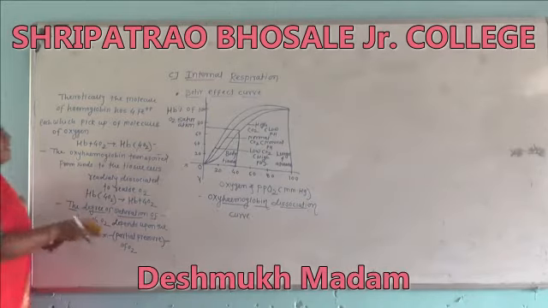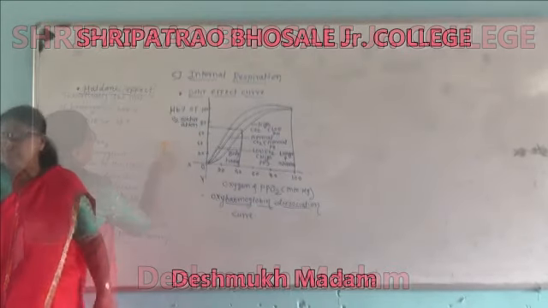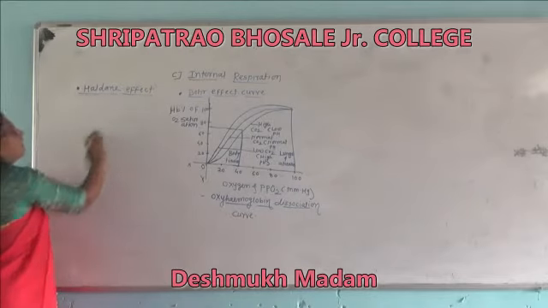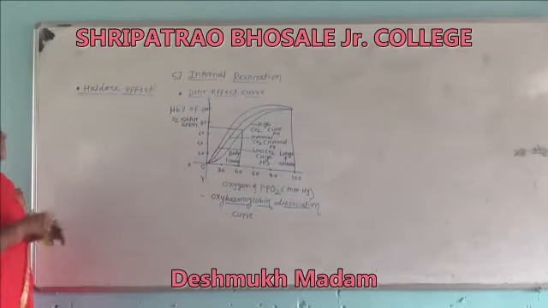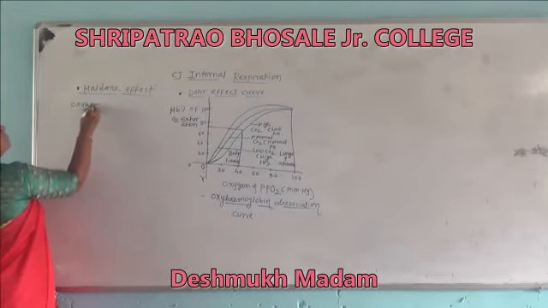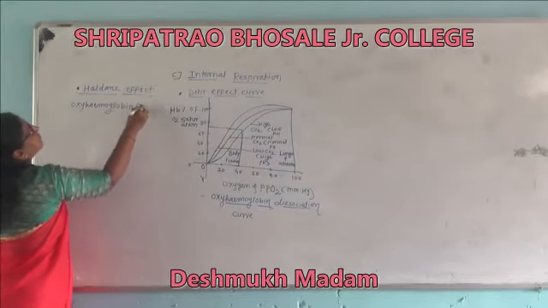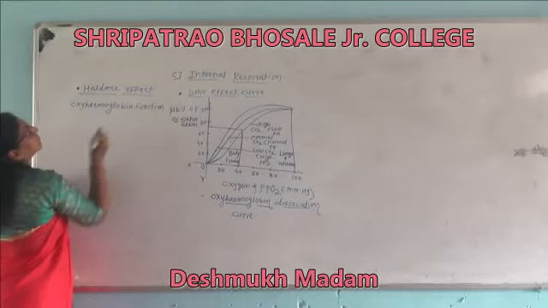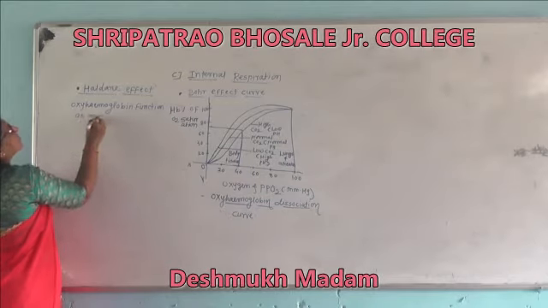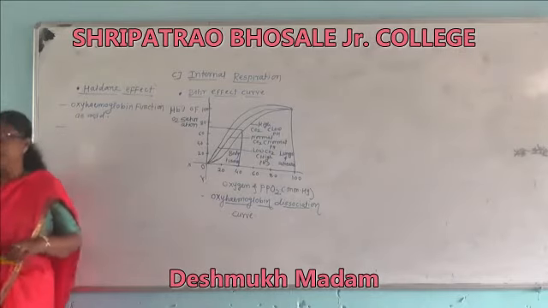Then next is the Haldane effect. Oxyhemoglobin functions as an acid.